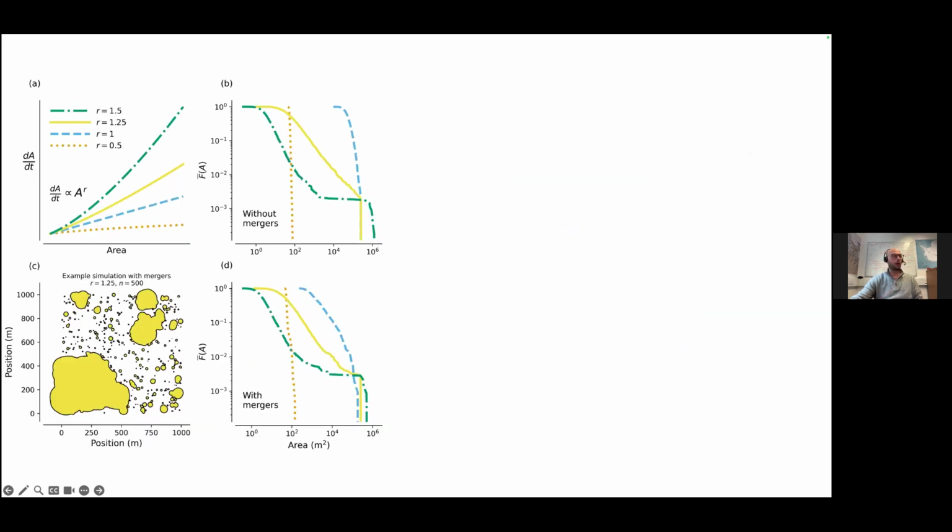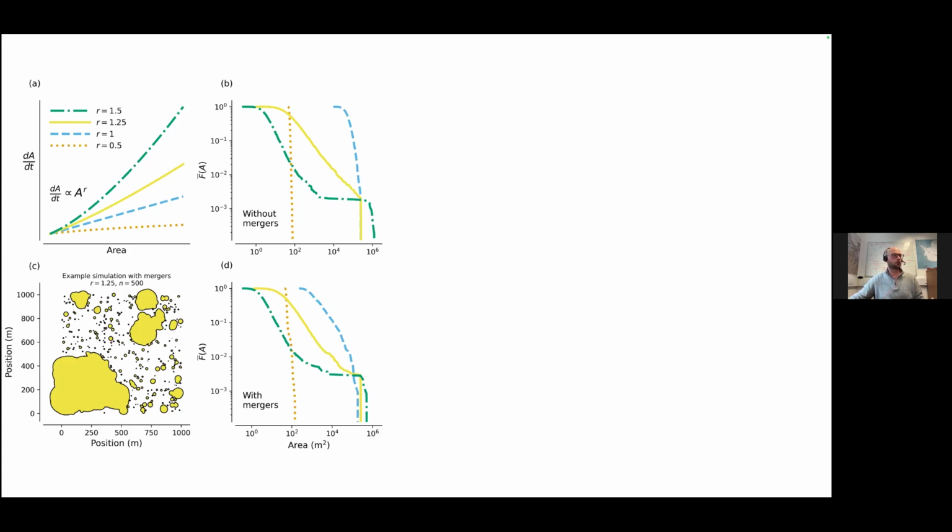And what we found, on the slide that seems to be missing something, but that's okay, is that we could create depressions with power law size distributions only when we had hyperbolic growth.